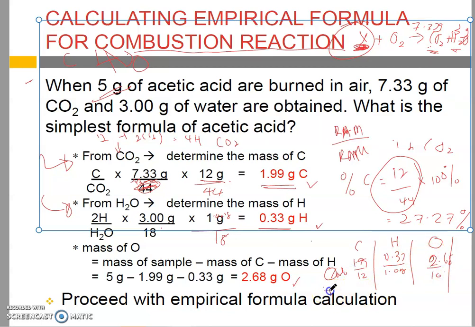Lepas tu bahagi dengan smallest mol untuk dapat ratio. Okay. So kira ni siapa yang paling small bahagi. Okay, and then bulatkan, dapatkan nombor bulat lah daripada C, untuk H dan O. Okay, empirical formula ni you boleh kira lah. Nanti tunjuk siapa yang dah siap boleh tunjuk jawapan lah.